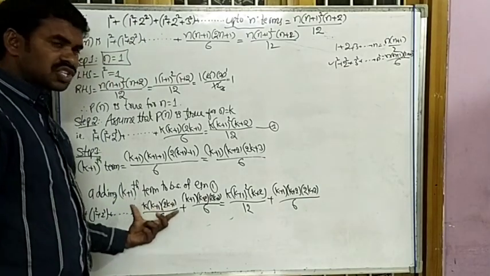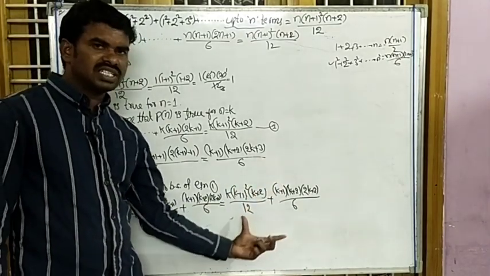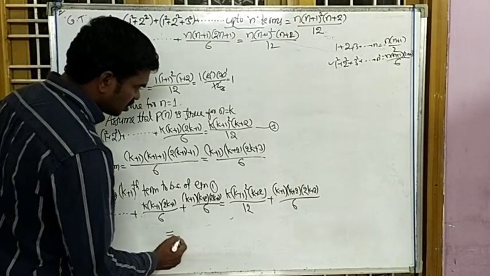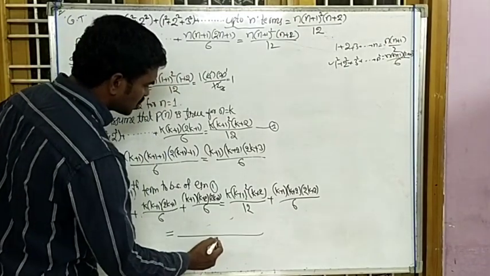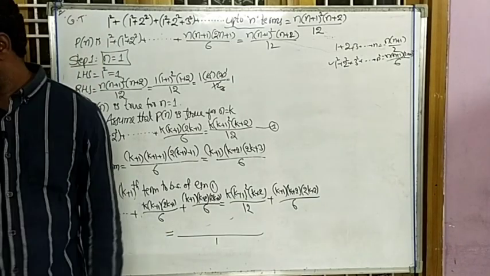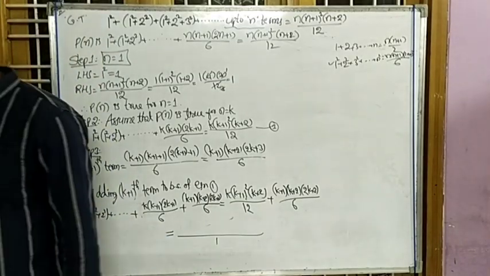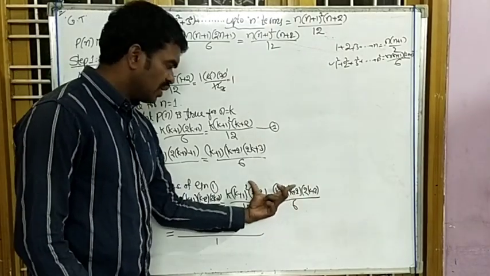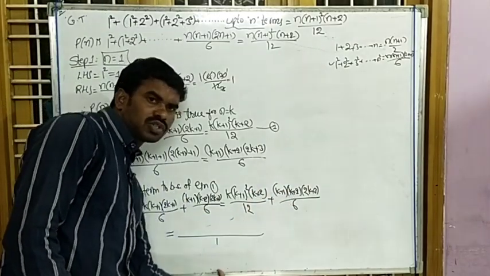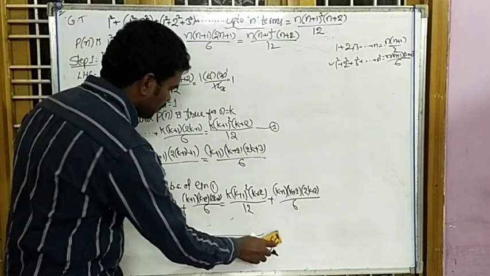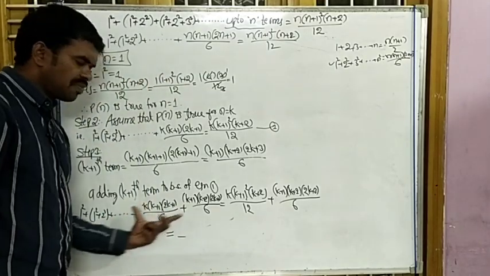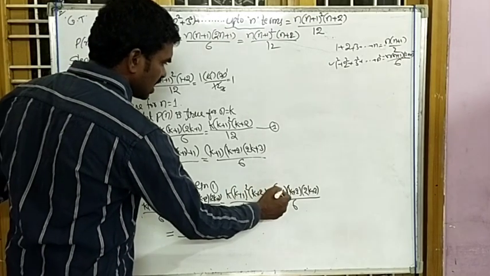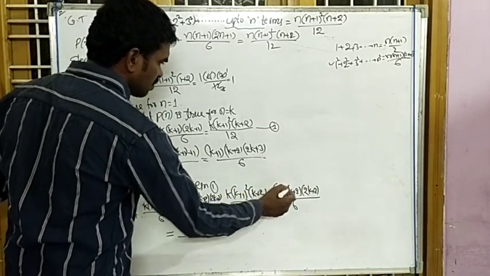Okay. So you just keep it as it is and simplify this right-hand side. I am just taking the left side. In 12 and 6, the LCM is 12. Otherwise take common. We should simplify these two terms only up to the end of the problem. What about this? You just keep it as it is. Here k plus 1 is there, here k plus 1 is there, here k plus 2, here k plus 2 is there.